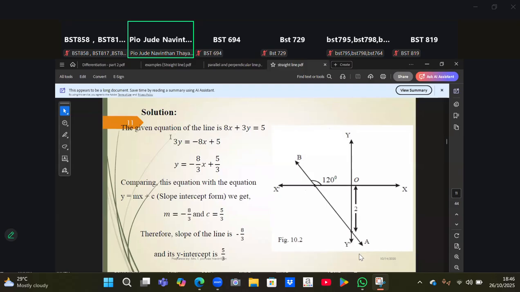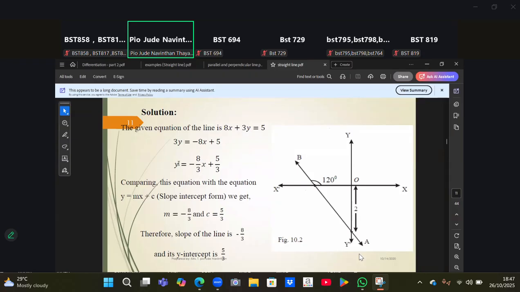So the 3y is equal to minus 8x plus 5, taking the sign across the equal sign. Then we have to divide everything by 3, so y is equal to minus 8x plus 5 over 3. Considering the individual values, minus 8 over 3 x plus 5 over 3.